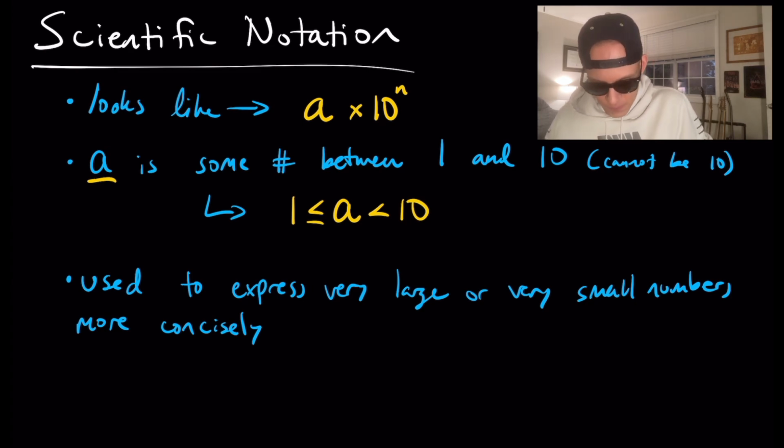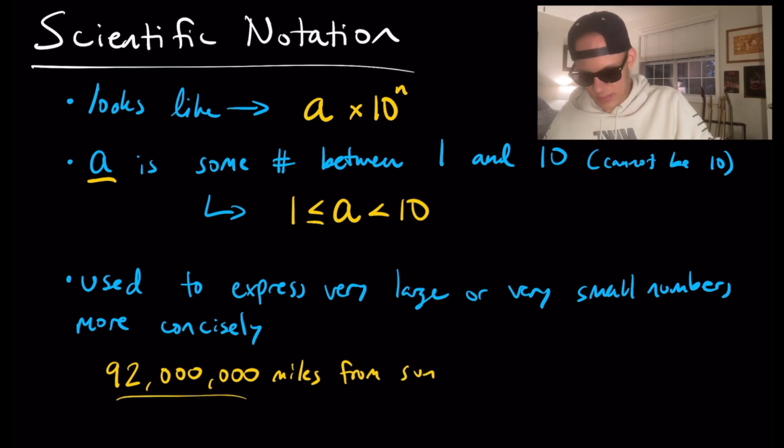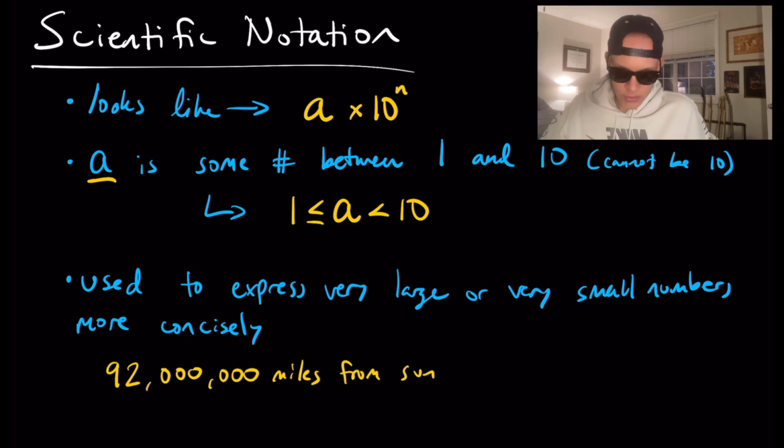So for example, the Earth is 92 million miles from the sun. This is a pretty big number. It's got 6 zeros, 8 total digits.